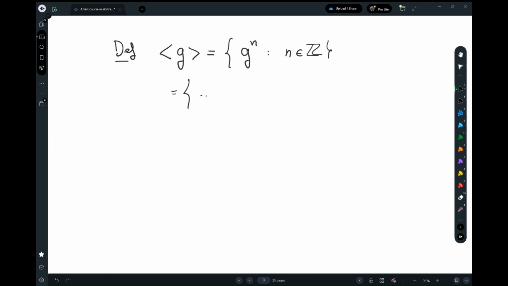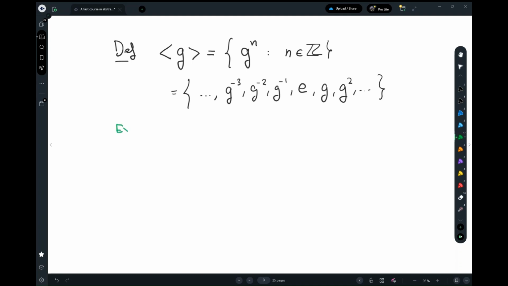So it is g to the minus 3, g to the minus 2, g to the minus 1, g to the 0, which is e, and g, g squared, etc. Okay, so it's that whole set. And our very first task is going to be to prove that this is a subgroup of G.